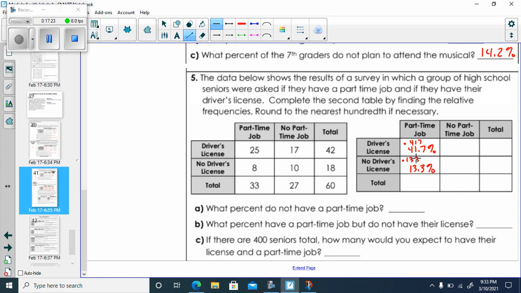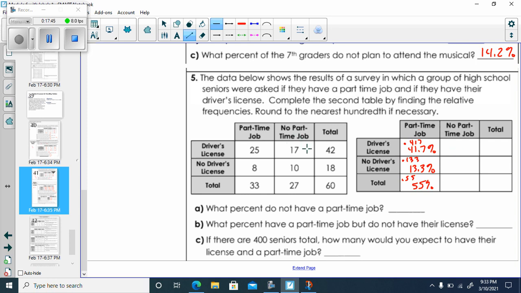If I add those two together, 0.417 plus 0.133, that would give me 0.55 or 55%. 55% of the people that they surveyed had a part-time job, right?